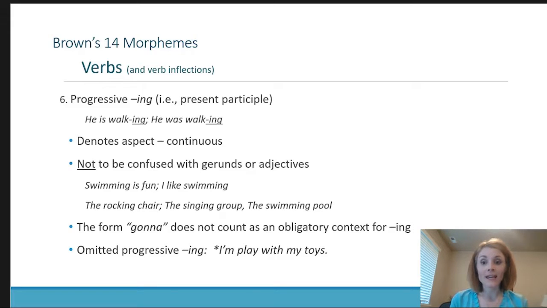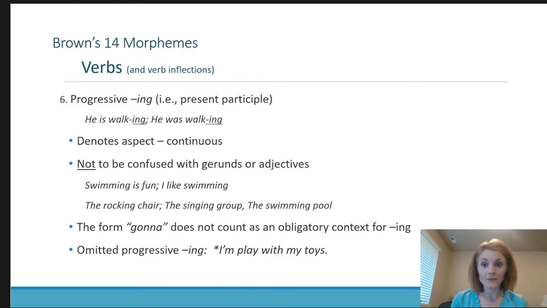And we're not worried about tense in these, we're just worried about the aspect, or whether or not the action of the main verb, which is walk, was ongoing or completed. And when we use the progressive ing, it denotes that the action was ongoing or continuous. He was walking. If it had been completed, then we would use the completed participle and say he had walked.